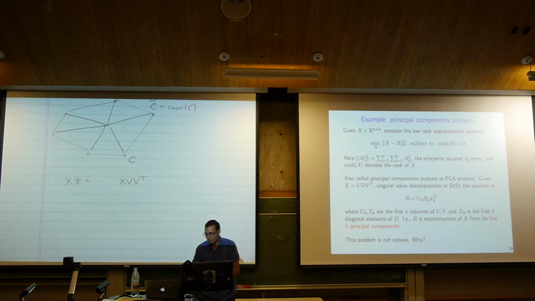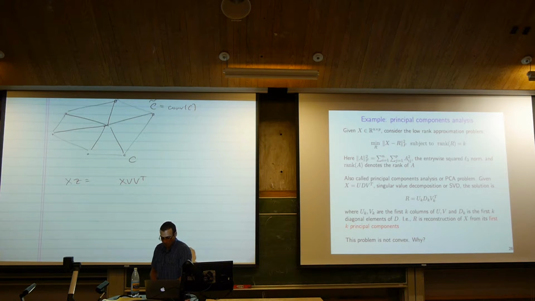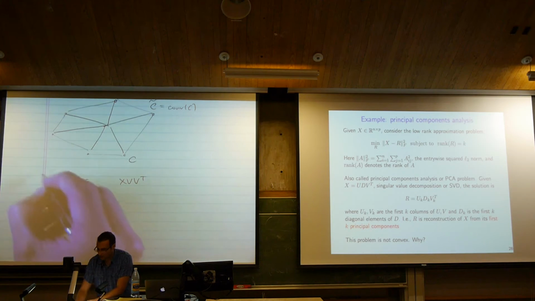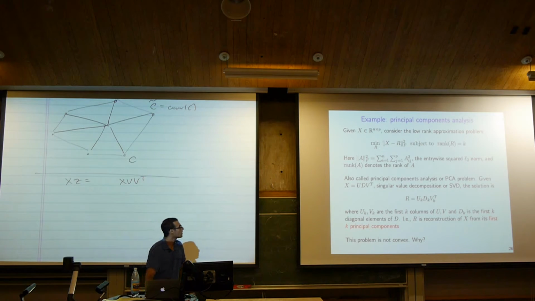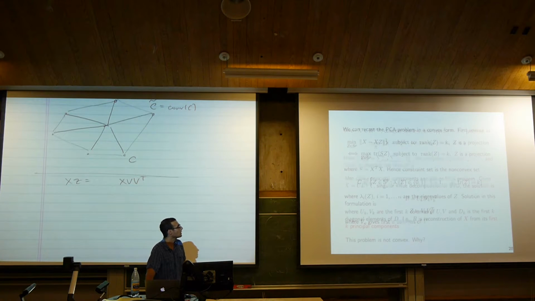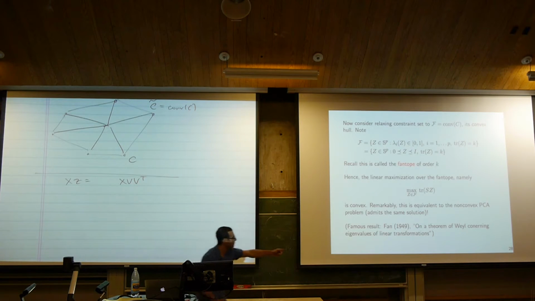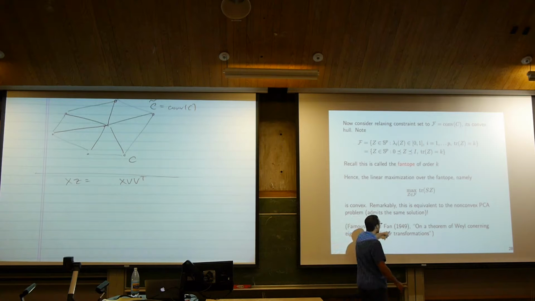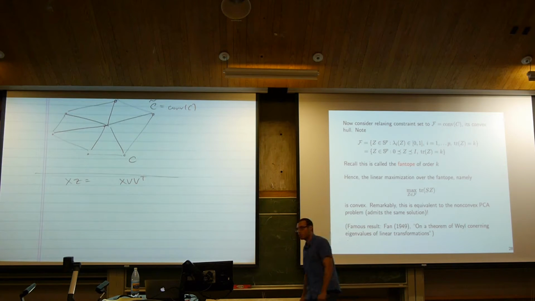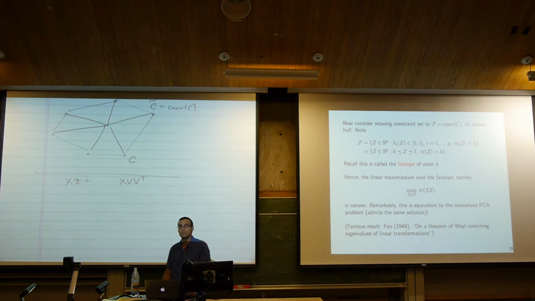Okay, all good questions. I thought this was just an interesting fact about principal components analysis to share, that it's actually equivalent to a convex problem. And I should also attribute this: the fact is quite old. It's 1949, so that's where it came from. But Vince Vu, who used to be in the statistics department, and Jing Li, who's currently in the statistics department, are the ones who told me about this.